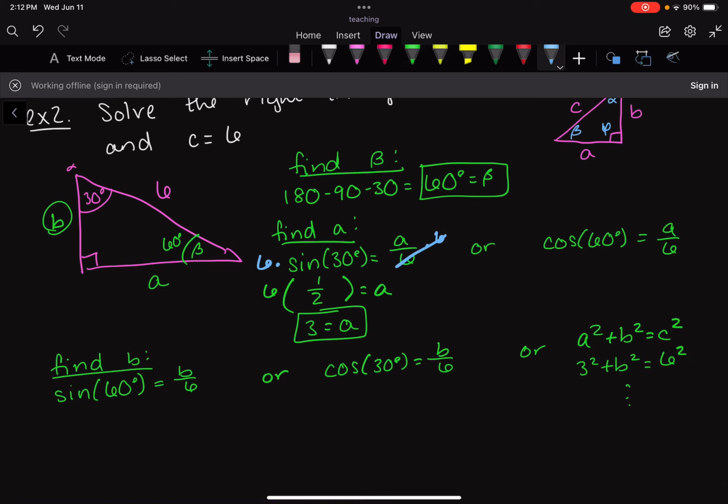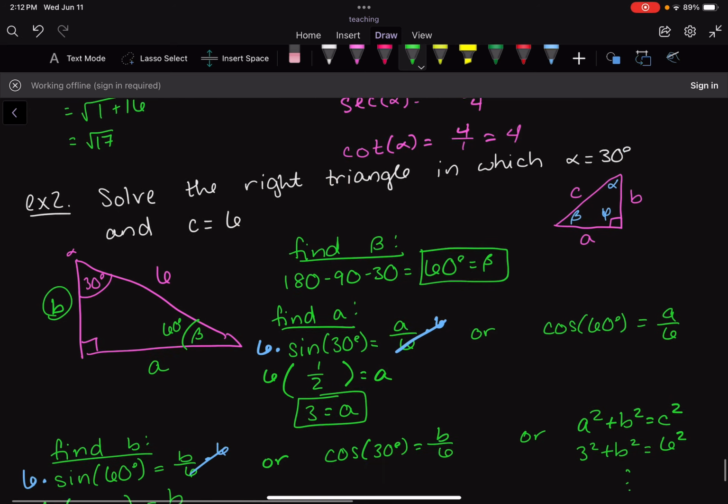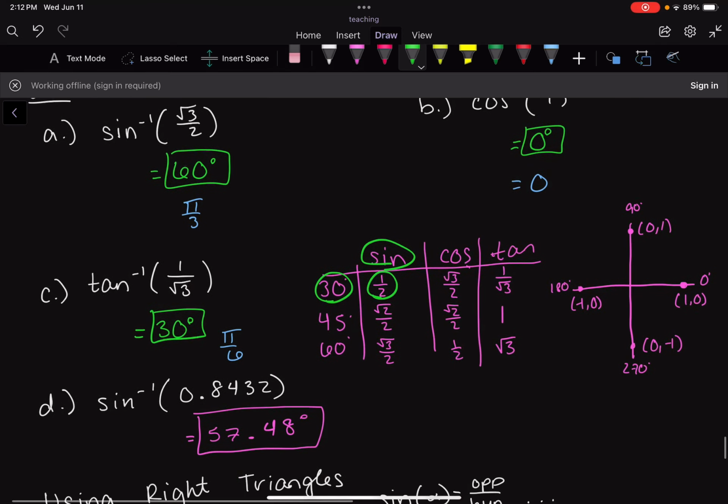I'm trying to get you a little bit more familiar with using the trig function, so I'm going to choose this first one that I wrote. So I'll multiply both sides by 6. Now sine of 60 degrees, we know what that is. I can go back up to my table to figure it out in case you don't know them by heart yet, which is fine.